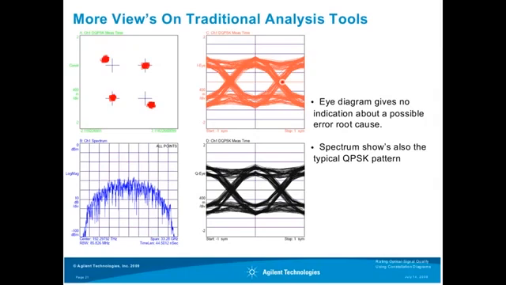Also, again, the scaling is the same, so it looks like there is no imbalance between the I and the Q path. Also, a look at the high resolution spectrum gives no indication of an error of the source. So the right tool can give you the right answer.